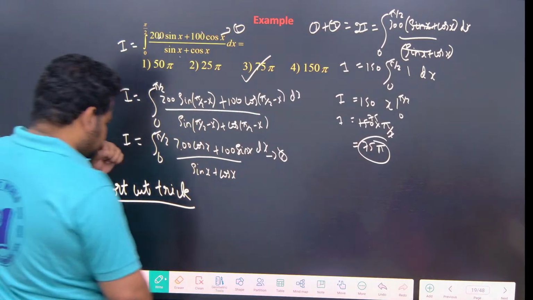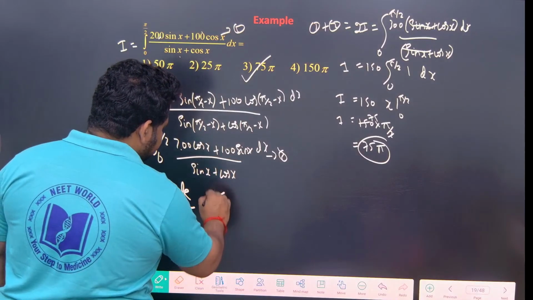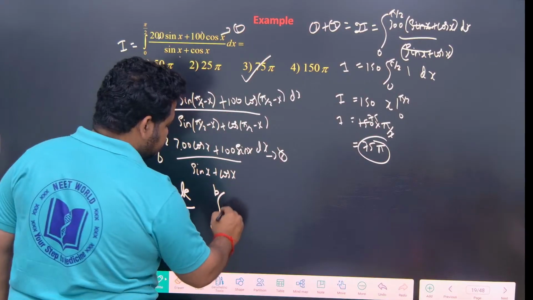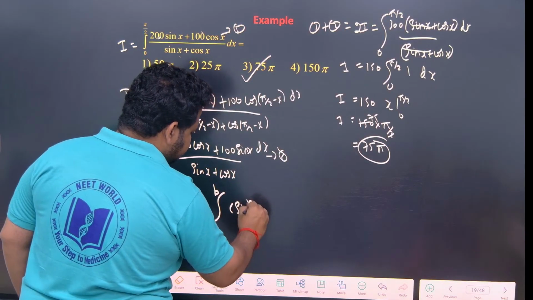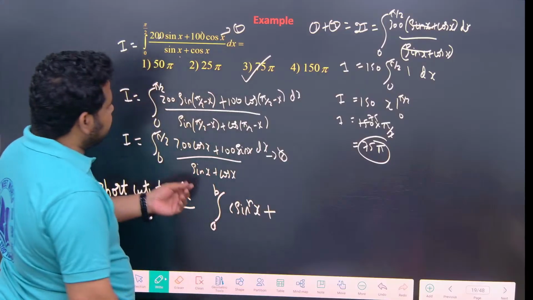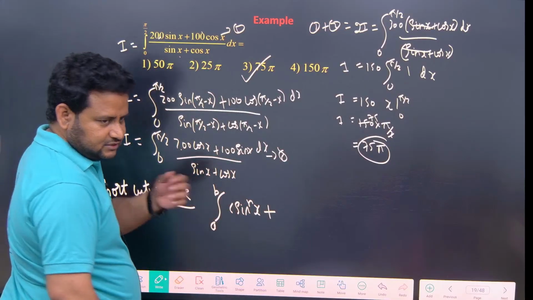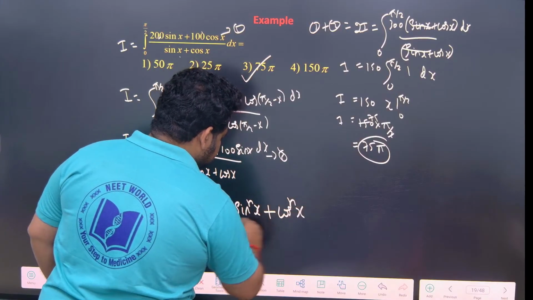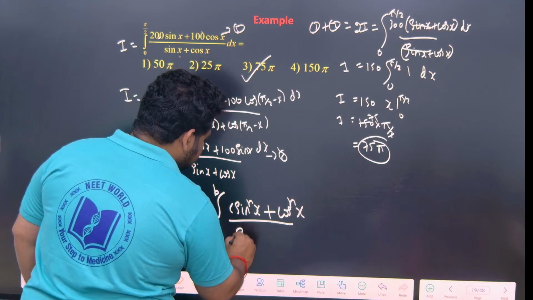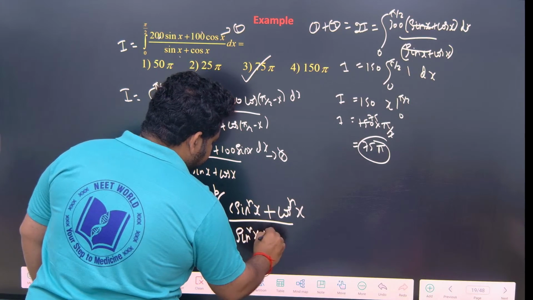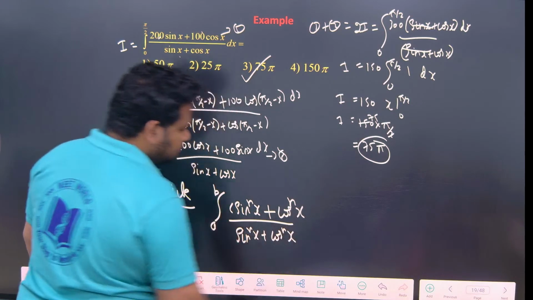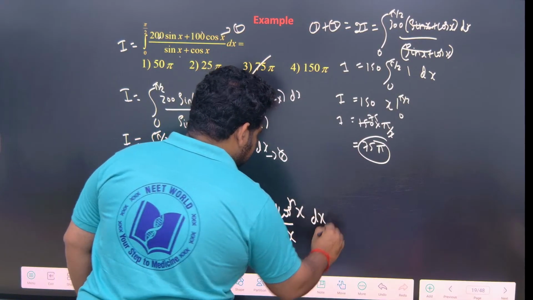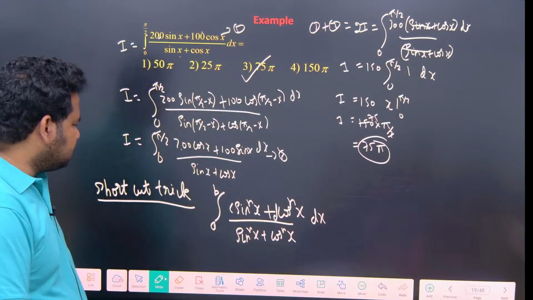You can write this as a shortcut. Now suppose they have given the integral from a to b, let us use some other constants here, C times sin power nx, and D times cos power nx, divided by sin power nx plus cos power nx, dx is given.